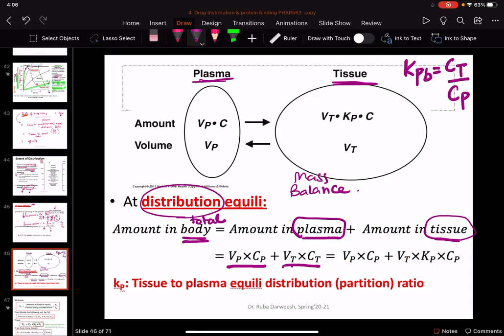Okay, which we know that we can't measure easily for experimental reasons, it's not feasible, so I can just substitute this by the affinity or the distribution ratio multiplied by the concentration in the plasma, right?